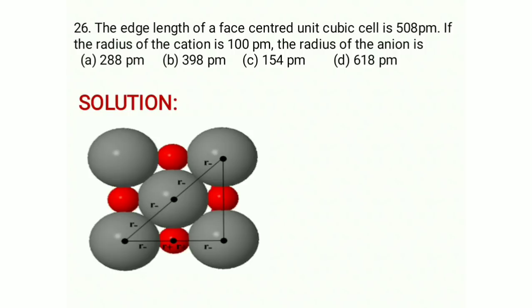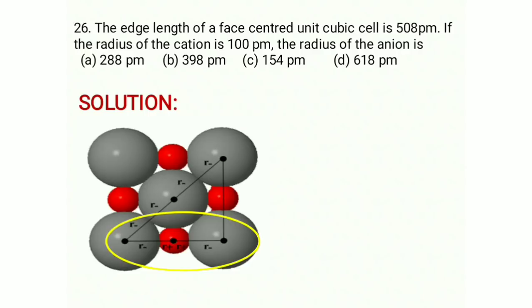In the tetrahedral voids you can see the red color, that is Na plus, and Cl minus ions are the larger ones. In this case, on the face you can see 3 are there. Edge length is nothing but this one. Edge length you can see this one, right? So how many are there? You can see R minus, 2 R minus, Cl minus, and R plus, that is from the cation, Na plus.